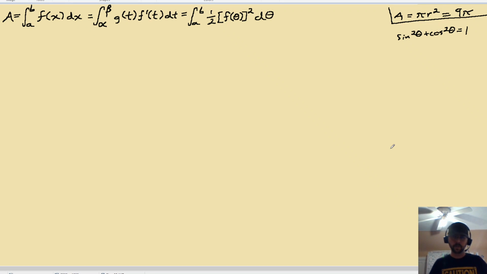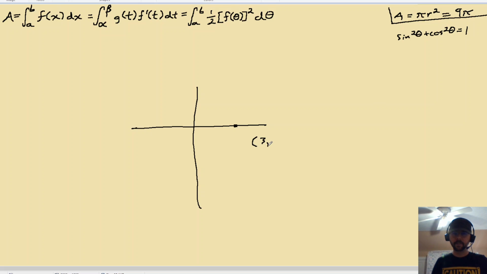Let's take this point here, and imagine that it was 3 units this way and 0. In xy coordinates, this would be the point 3, 0, like we just had on the other screen.